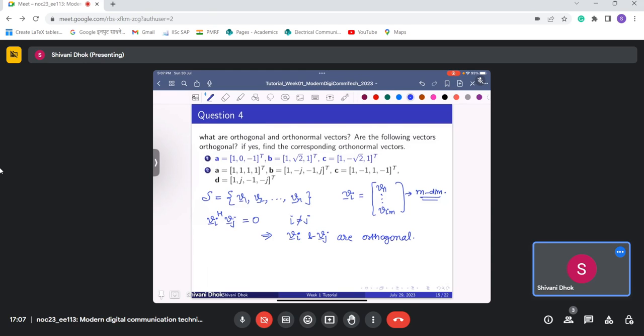Now if this is true for all i not equal to j for this set, then this set S is a set of orthogonal vectors. So this is orthogonality.